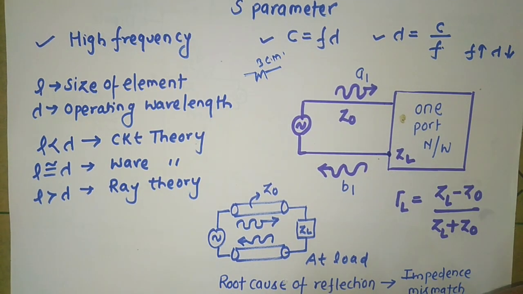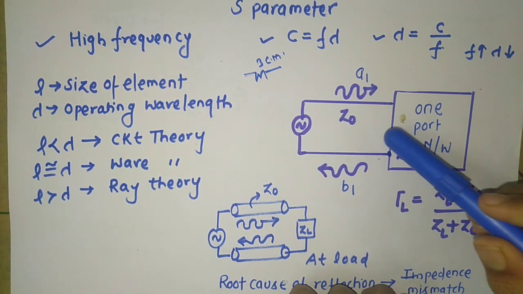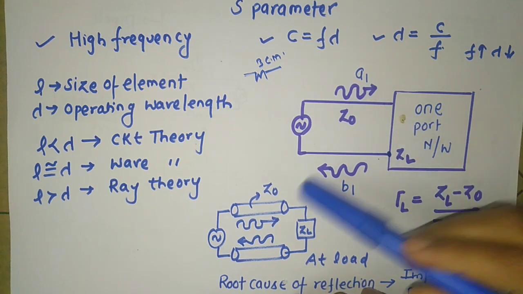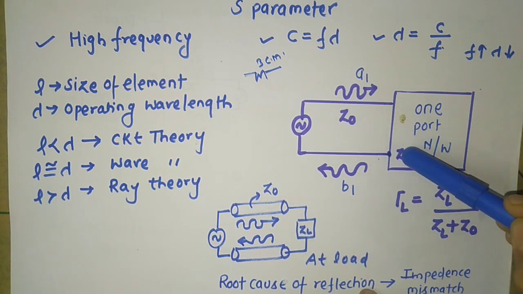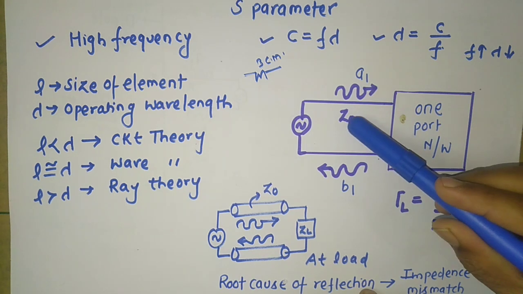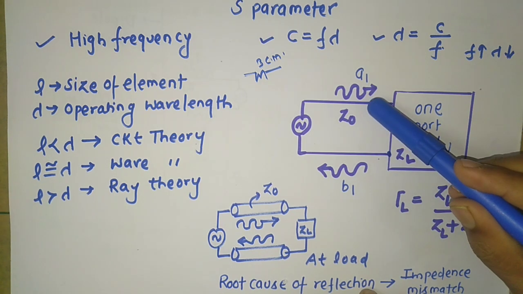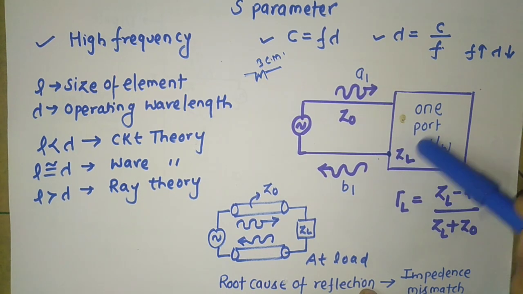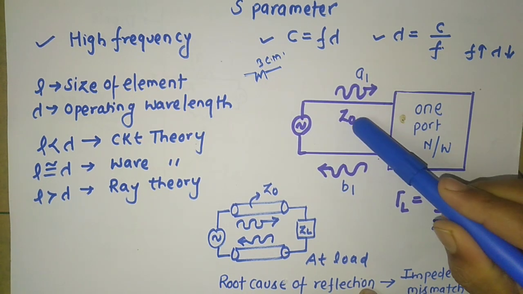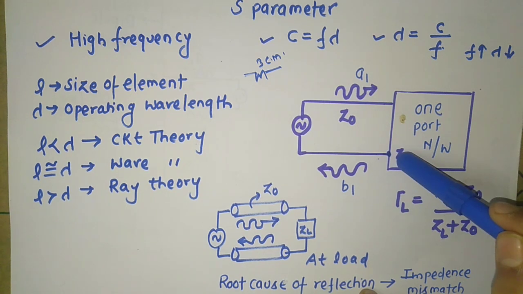What is the root cause of reflection? The root cause of reflection is that the impedance of the transmission line does not match the impedance of the load. In this case you can notice Z0 is the characteristic impedance of this transmission line and ZL is the port impedance. Are both equal, yes or no?